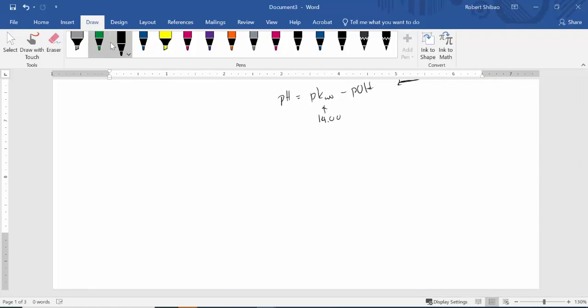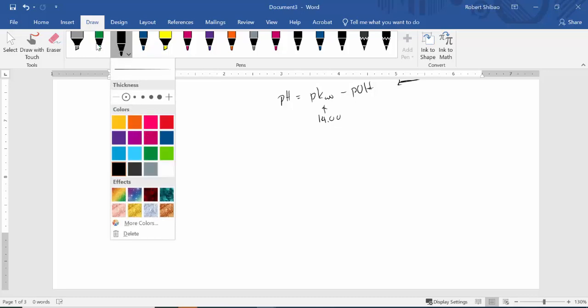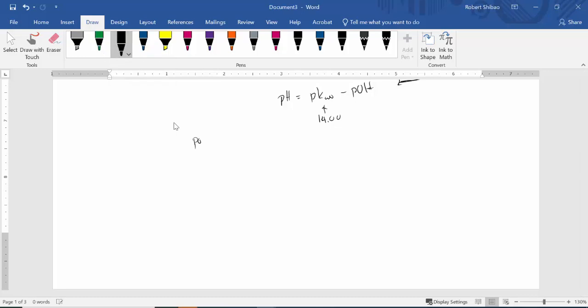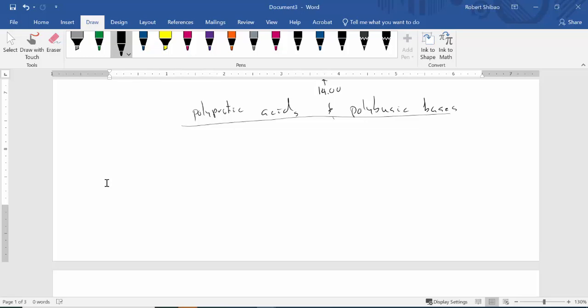Okay, next we're going to look at polyprotic acids and polybasic bases. So if I have a polyprotic acid, let's say something like H3PO4, what happens is all three hydrogens don't break off at the same time.